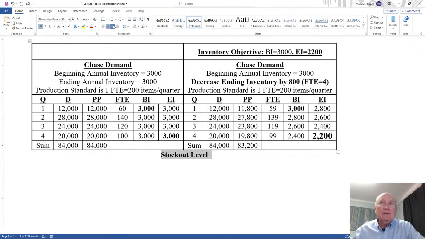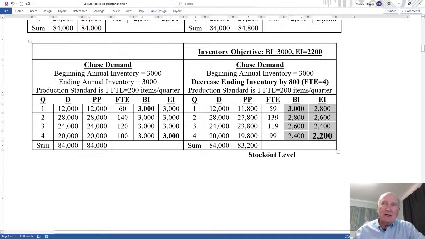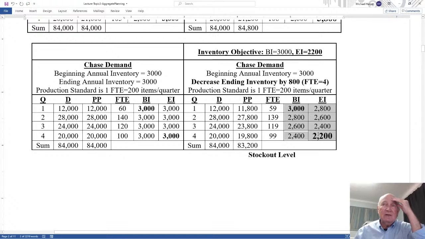The stock out level here is dependent on the probability of running out of stock. And how do you guard against that? Well, you carry more inventory. You're carrying this inventory over here to guard against your stock out. The stock out level is the probability of having a stock out, and you want a very low probability. And how do you do that? By carrying more inventory over here, especially when you move to a make-to-order operation.